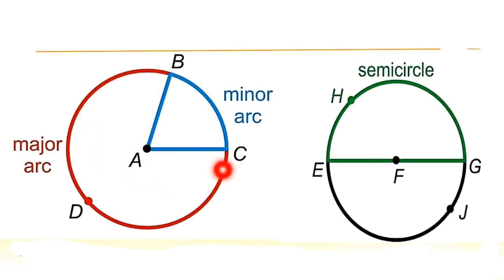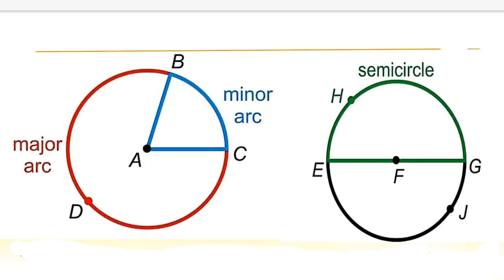So just look at this. Here I have given two circles. One is in red color and another one is in blue color. This blue color is called a minor arc, and this red color is called a major arc. I told you already, the area covered by the segment of a circle that is less than the region of a semicircle is called a minor arc.